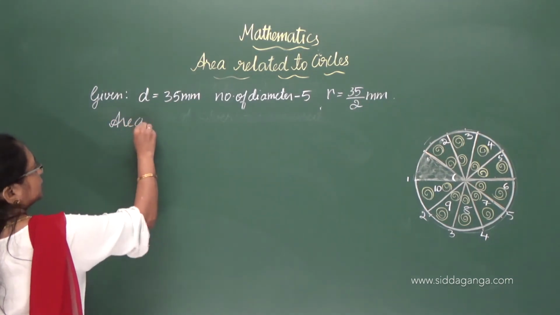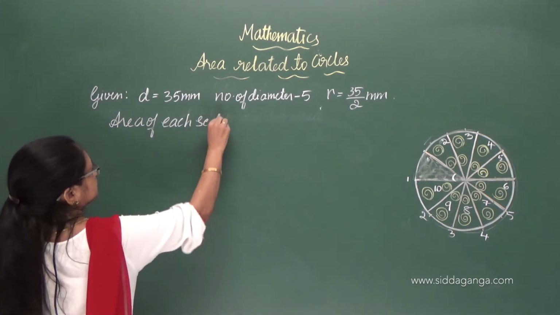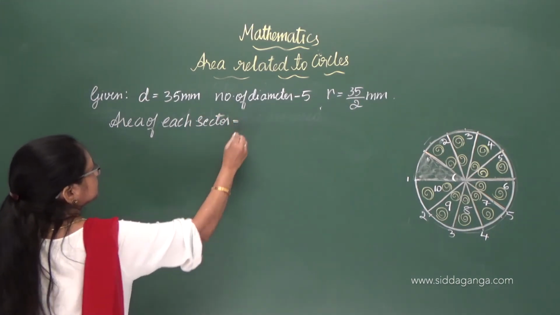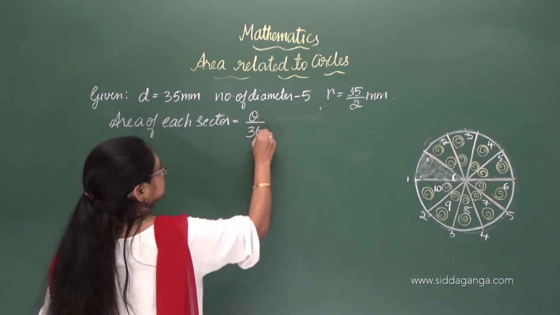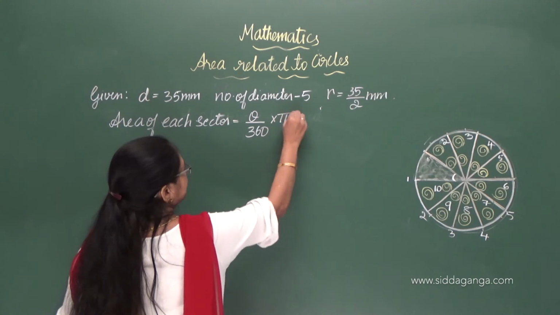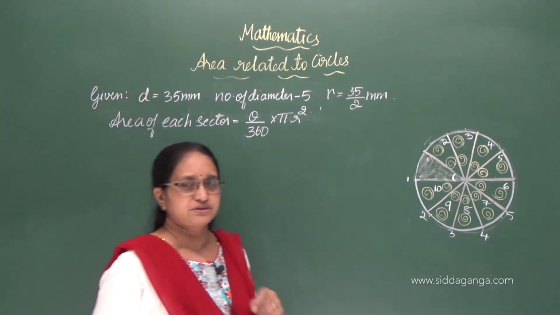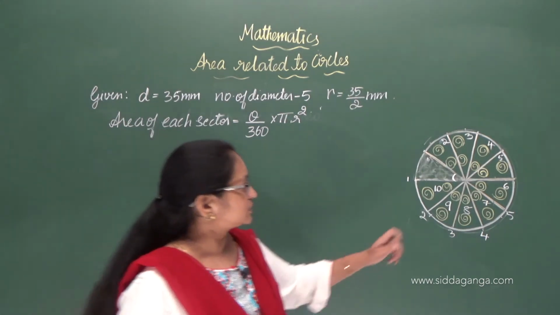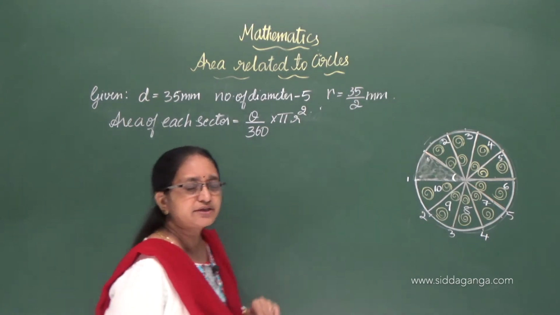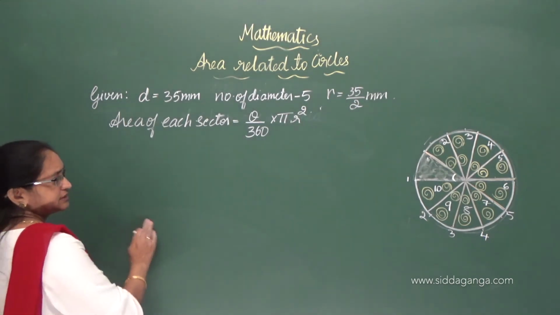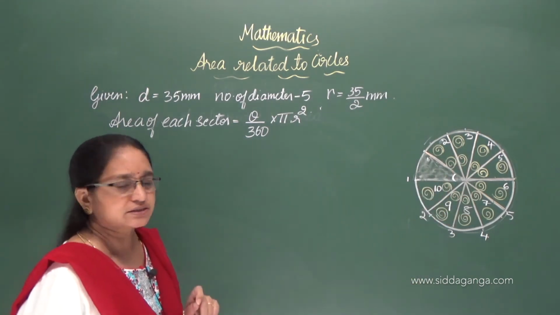So area of each sector is equal to theta by 360 into pi r square. You all know this. But we don't know theta. How to find theta? How to find the angle here? See, it is not given directly, so you need to find it. See, you all know it is divided into 10 sectors.